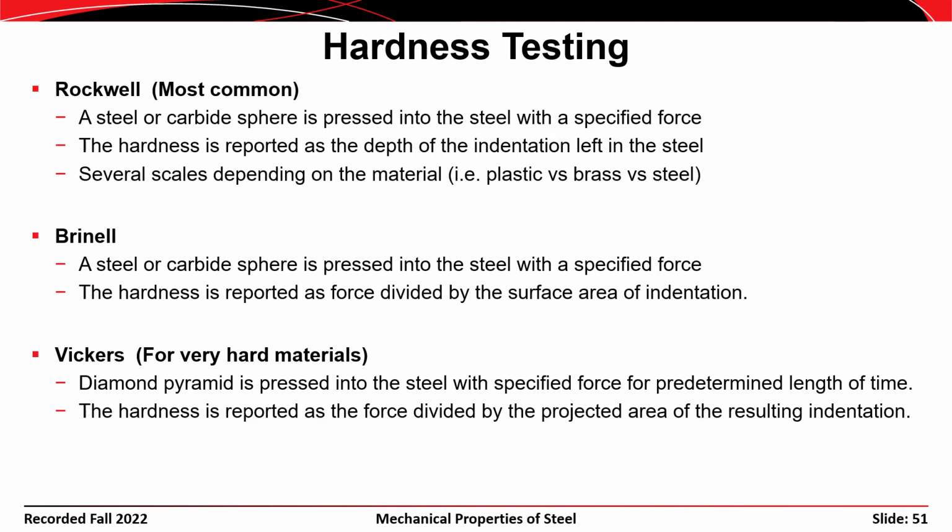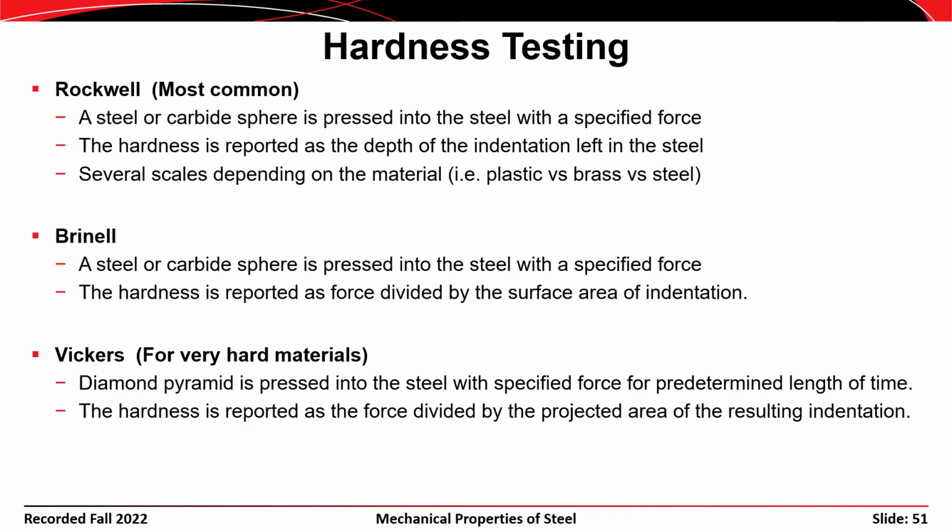So similar, but a little bit more complex to figure out what that surface area is. And then if you're dealing with a very hard material, then you might use a Vickers test where you have a diamond pyramid that's pressed into the steel with a specified force for a predetermined length of time, and the hardness is reported as the force divided by the projected area of the resulting indentation.